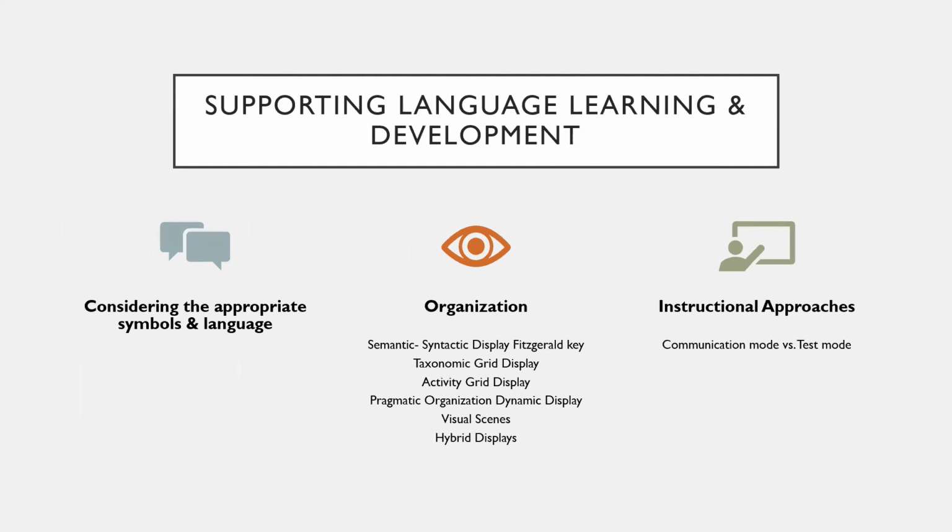The first one we'll talk about is the semantic syntactic grid display, which organizes vocabulary according to part of speech and its relationship within the syntactic framework. This is really intended to facilitate language learning. I will pass along the Fitzgerald key, so that makes a little more sense to you guys.